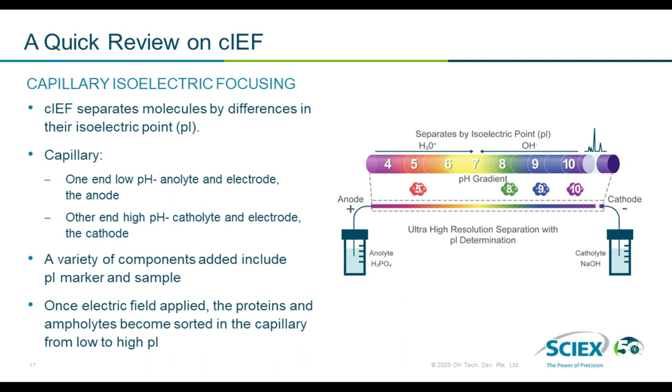So we'll have a master mix containing a mixture of ampholytes, additives, pI markers, all mixed in there with our sample before it's injected into our capillary. And once our electric field's applied, the proteins and ampholytes are going to focus in that capillary based on their pI. Now, compared to ion exchange, this seems like a fairly straightforward technique.